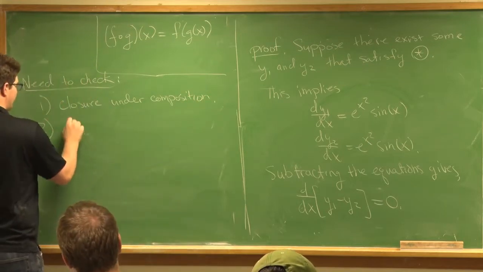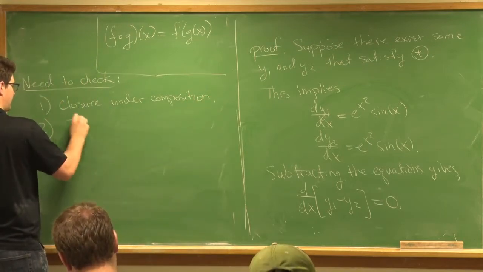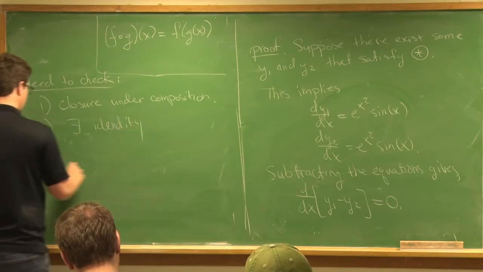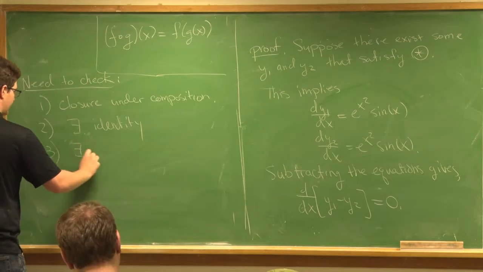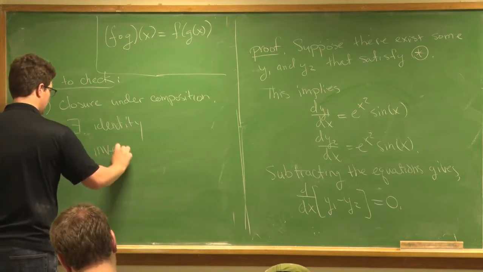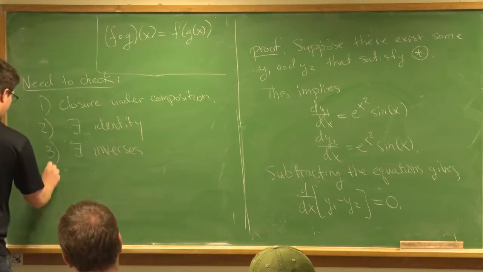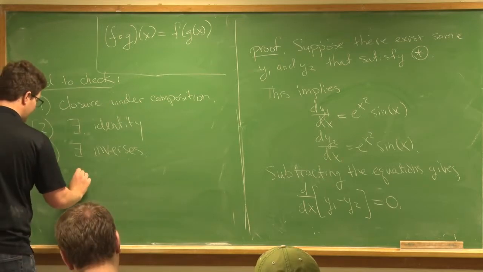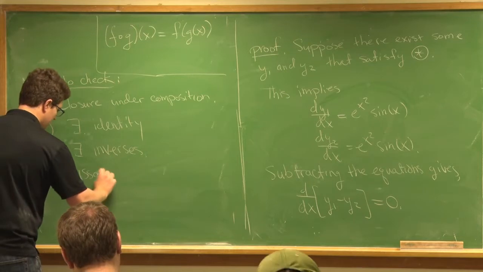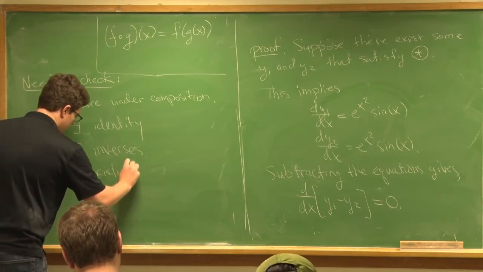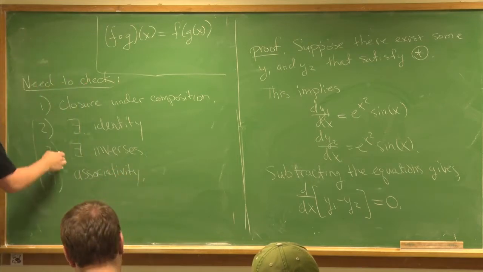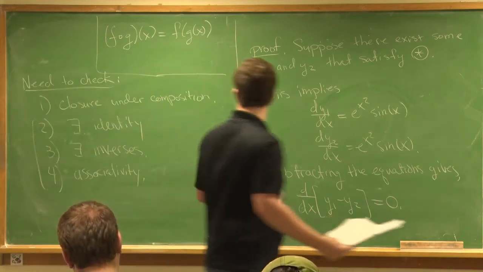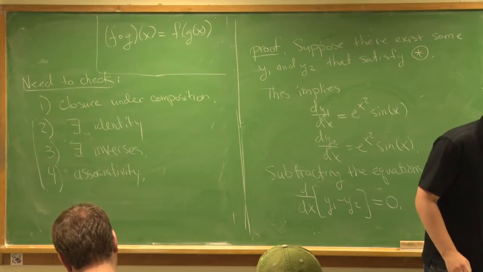Two, the existence of identity. Three, the existence of inverses. And then four, so these are the group axioms, associativity. And so like there should really be 4 proofs that you do to do all of this. Okay, so there should be one little proof for each of those things.